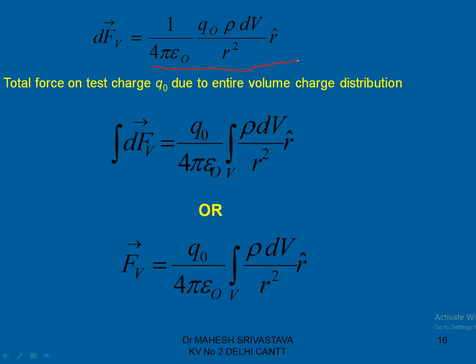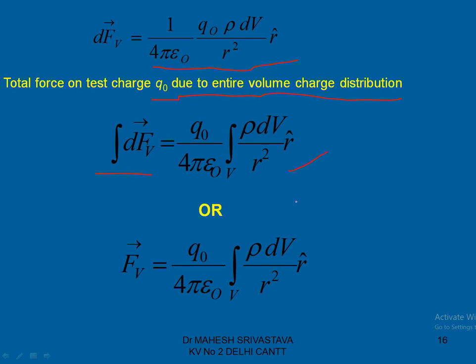Now we will find the total force on the test charge Q naught due to the entire volume charge distribution. So we integrate it, and this integration is called a volume integral. The volume integral of dF_V vector equals Q naught upon 4 pi epsilon naught volume integral rho dV upon R square R cap.